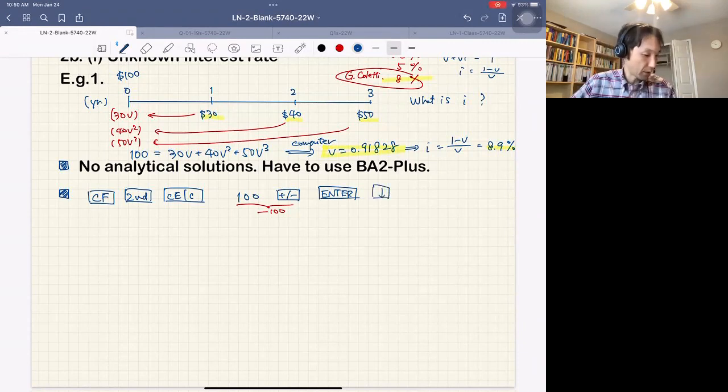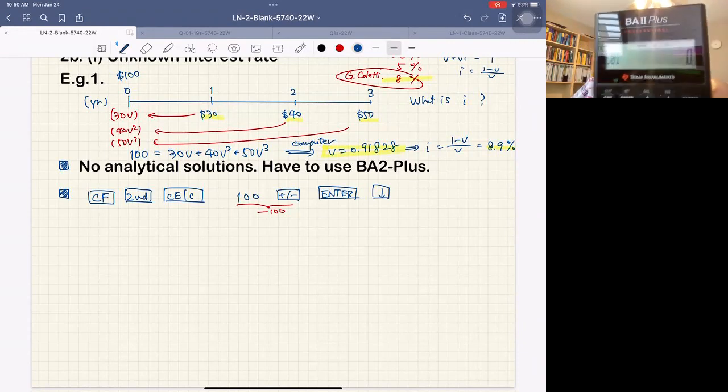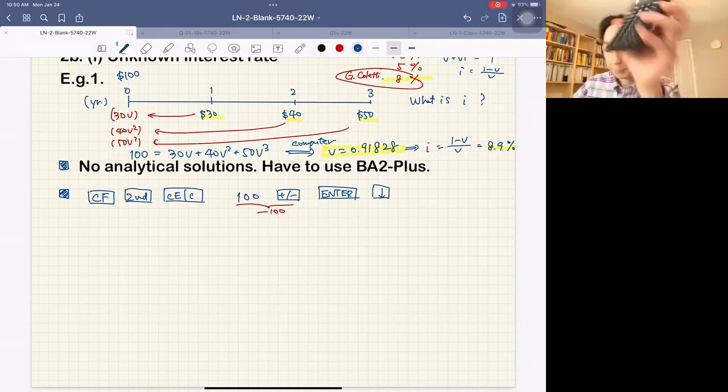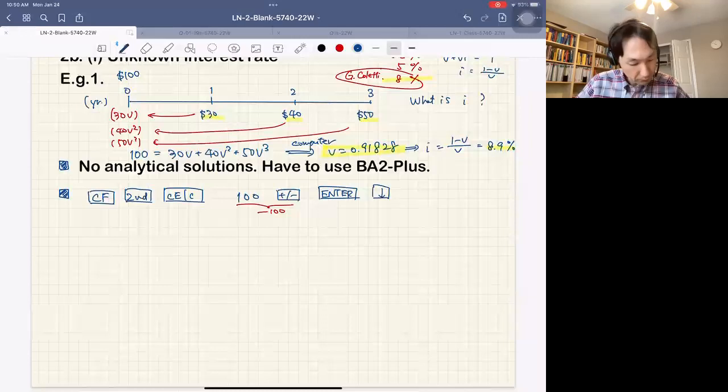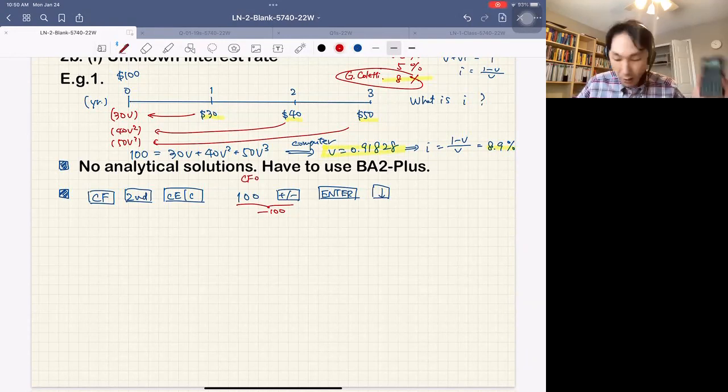Down arrow is just the first row, the fourth one from the left. Did you put it? Then you should see C01 in the screen. So we put CF0 as this, the cash flow at time 0. Now the C01, so cash flow at time 1.